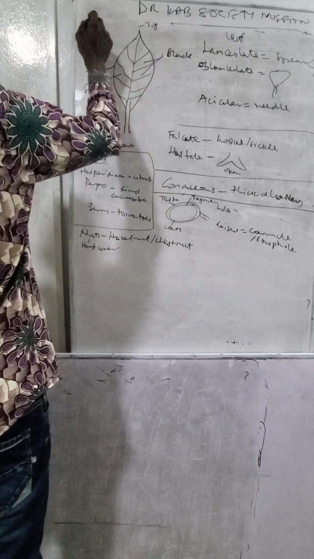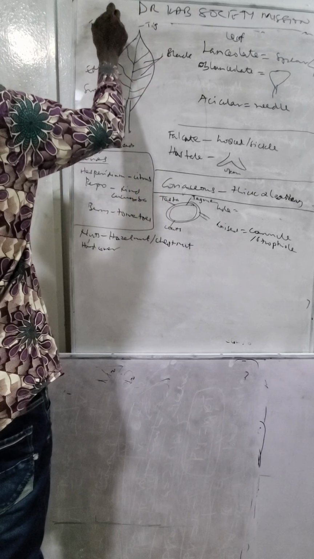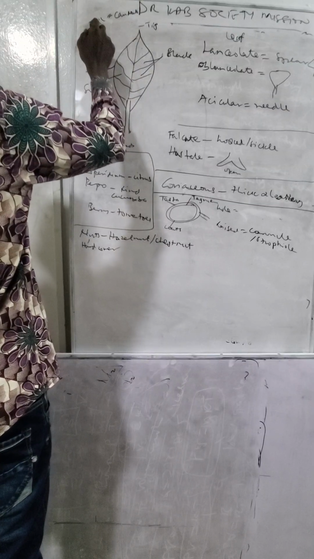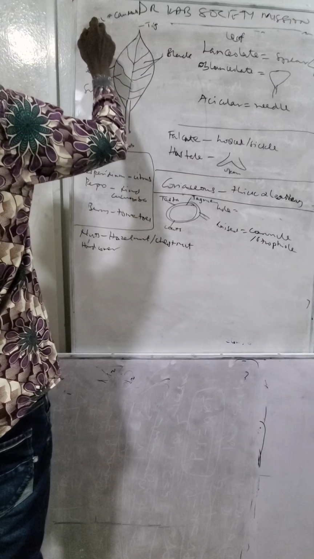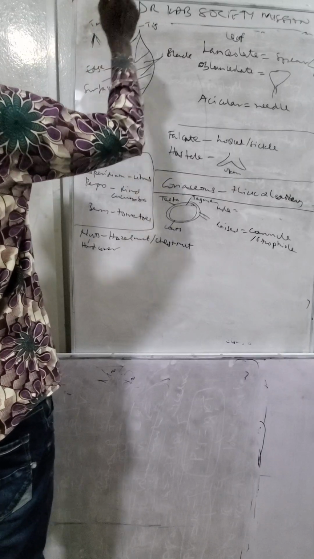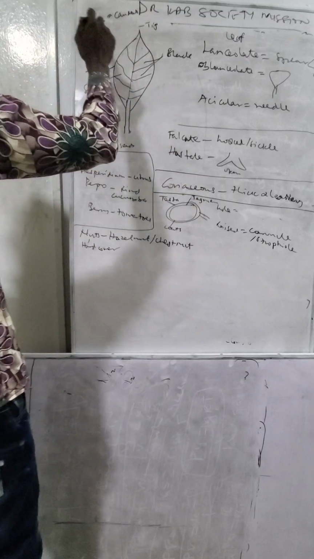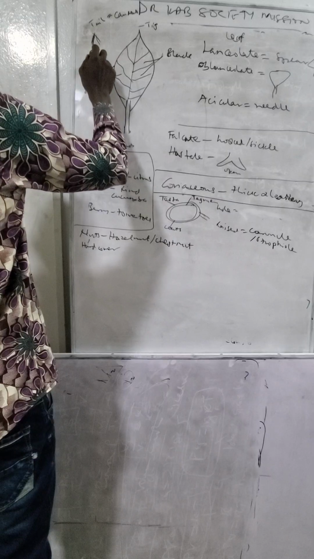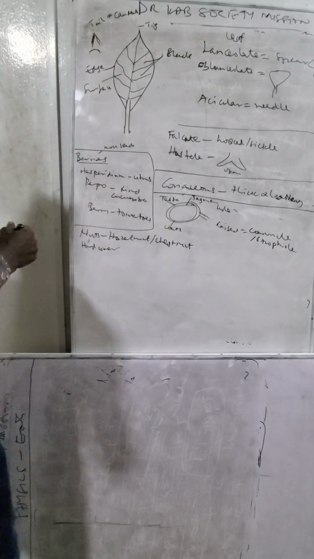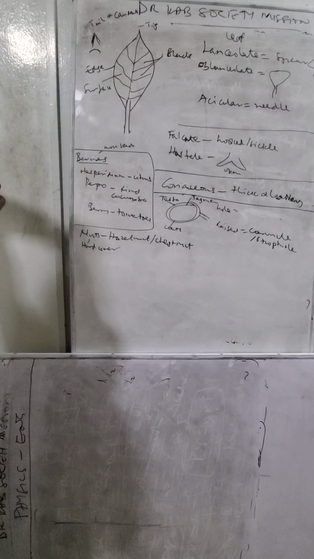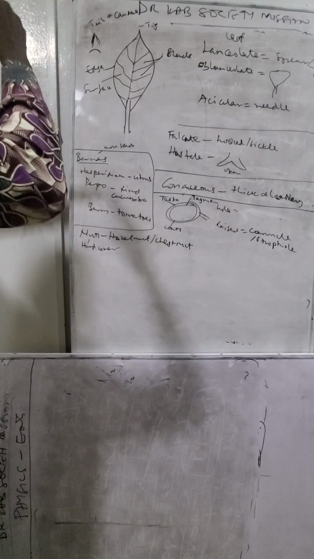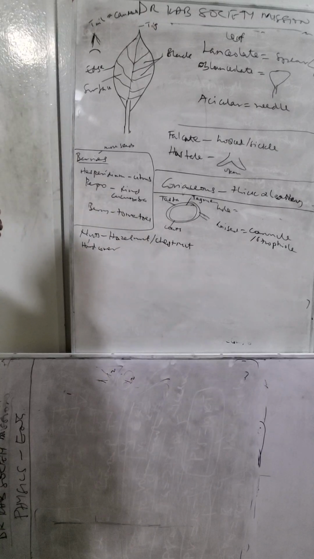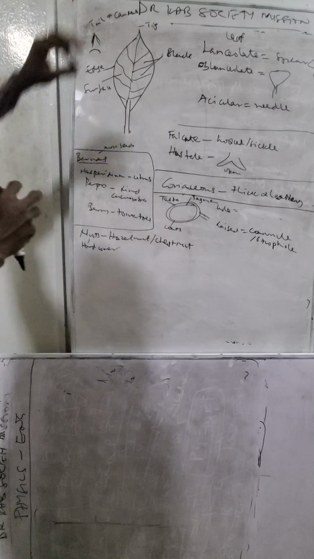The tip can be like a tail, as they call it, acuminate. It can be flat like that. So you can have various variations, either in acute angle, obtuse or rectus, and so on. So that's describing the tip.